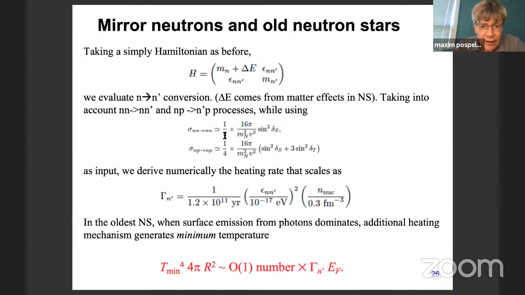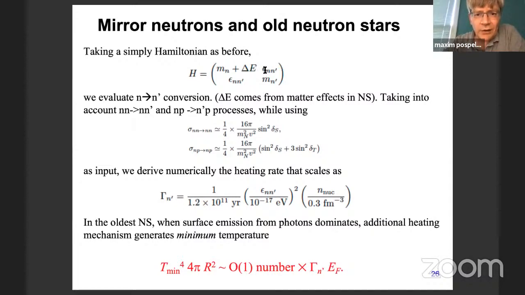So we decided to have a closer look at what constraints on neutron to mirror neutron oscillations one can impose using neutron stars. And here it's the very same model, except now, instead of chi, I call it n prime, just to be in line with the mirror neutron literature.